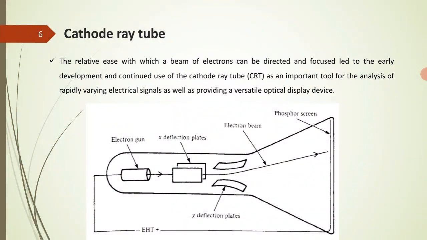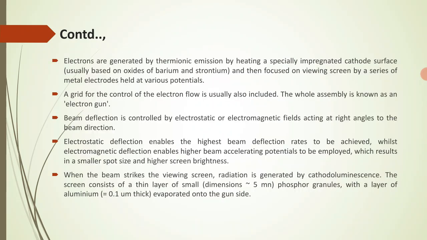This picture is very familiar to everyone, because we studied the cathode ray tube in physics in our lower classes. This is the structure of the cathode ray tube. Here we apply an external voltage, an external supply, which goes to the electron gun.